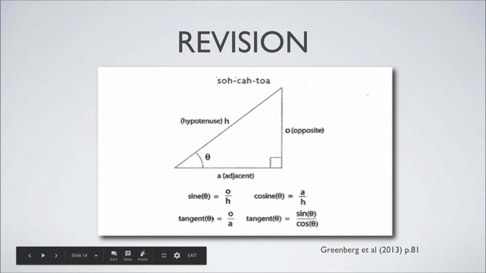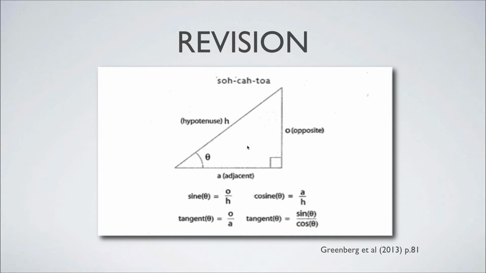The tan of the angle is equal to the opposite divided by the adjacent, and the tangent of that angle is equal to the sine of that angle divided by the cos of that angle. So that helps you to basically work out where to put each of your vertexes.